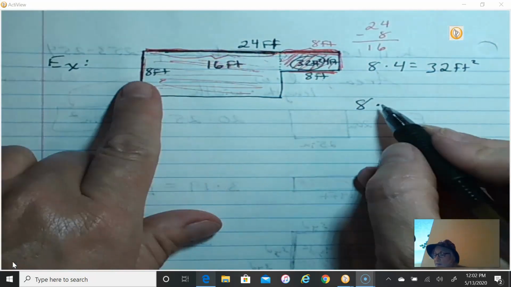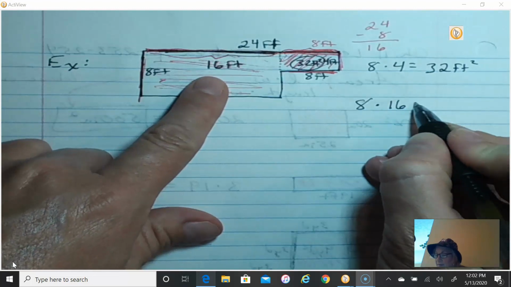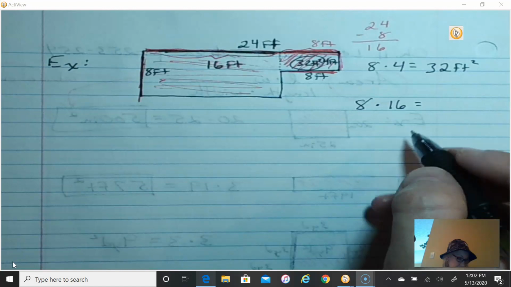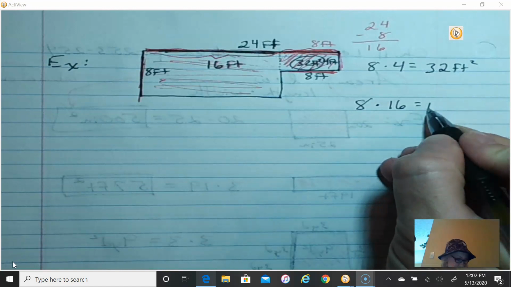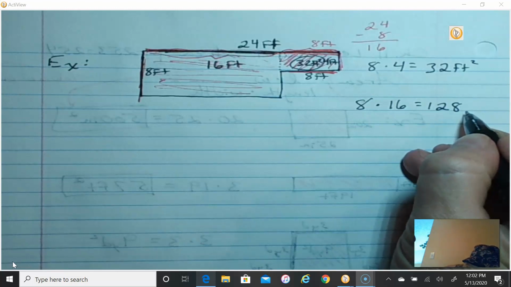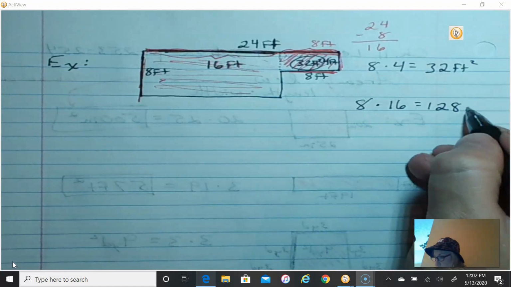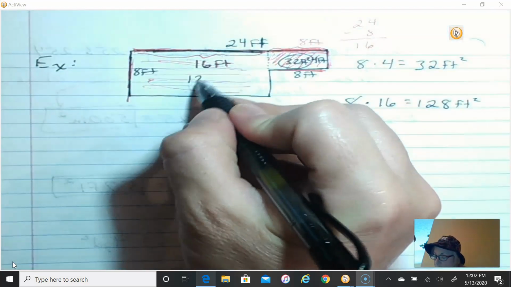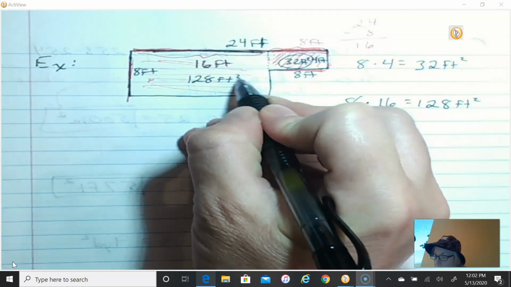Okay, so now it's going to be 8 times 16. And what do you get? 128 feet, right? Yeah, I already worked it out. Okay, so this whole thing right here is 128 feet squared.